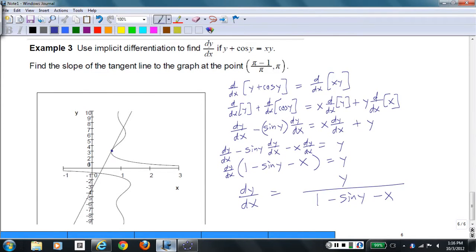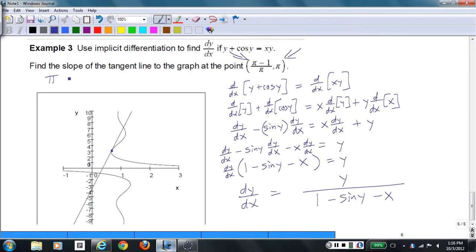So I'm suggesting that this point right there is actually on the graph. I think we should confirm that. Let's see if it's really on there. So if I substitute pi for y and (pi minus 1) over pi for x, I just want to confirm that it's a true statement and not something I just made up. I did make it up, but I think it's also true.